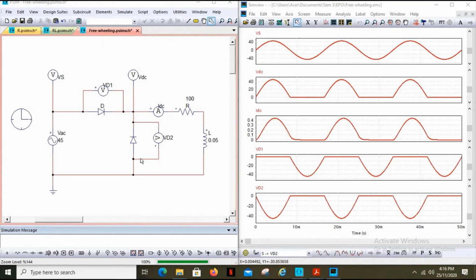For VD2, in the positive half cycle, VD2 becomes open circuit, and because it is parallel to VAC, the value is the same as VAC. But in the negative half cycle, VD2 becomes short circuit, and the voltage of D2 is 0 volt.